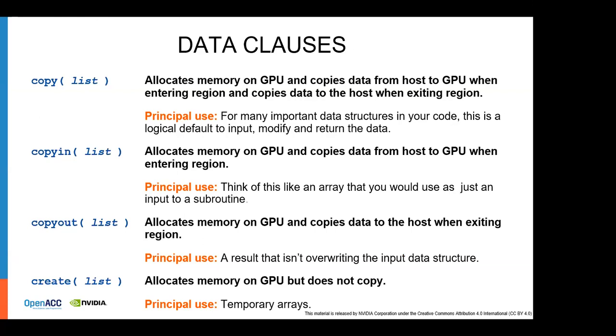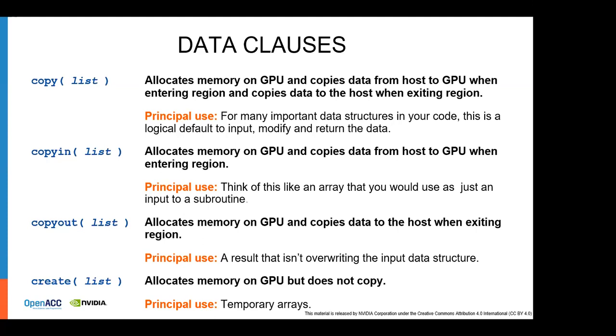So let's review a little bit now, let's introduce the data clauses. So the clauses you could add on your ACC pragma, and you have seen maybe some of them already. You may use the clause copy with a list of objects, so arrays in our example, which have to be copied in and out from the data region, from the region which will be parallelized.